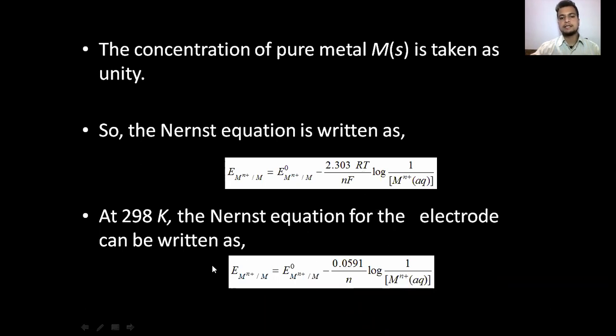This last equation is at 298 Kelvin, and the equation above is for any temperature other than 298. If the temperature is 298, you need not put in the values, you can directly use this. These are the two forms of the Nernst equation for electrode potential when they have supplied you a half reaction.